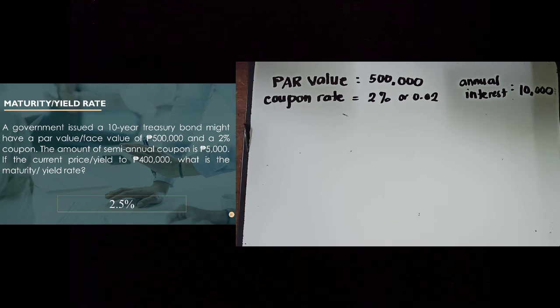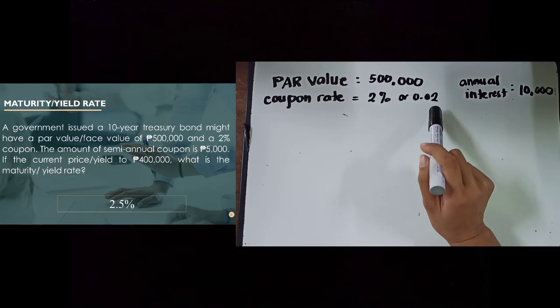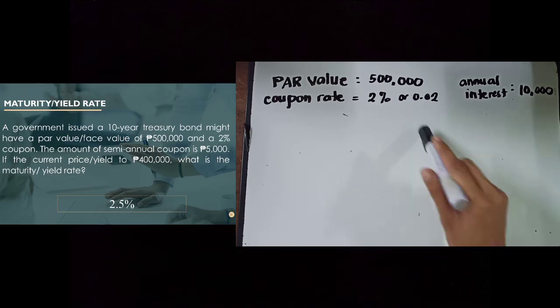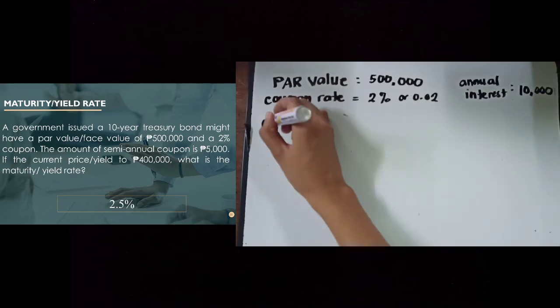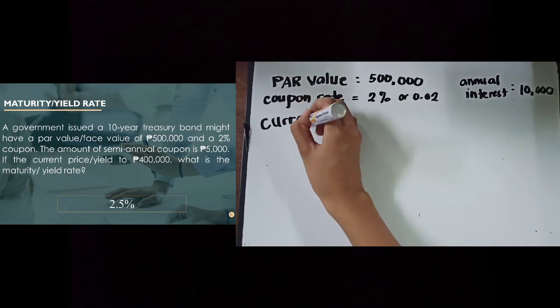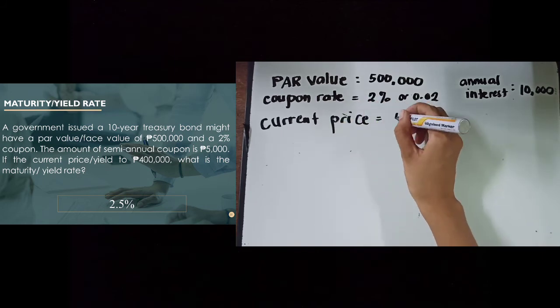So, ngayon, if the current price yield to 400,000 pesos or the present value is less than the face value. Okay? So, again, nagmula siya sa 500,000 pesos. This is our face value or par value. Then, ngayon, yung current price niya is 400,000 pesos.